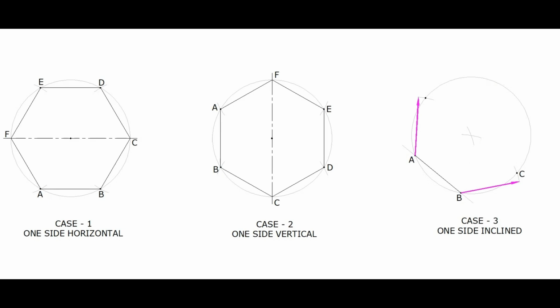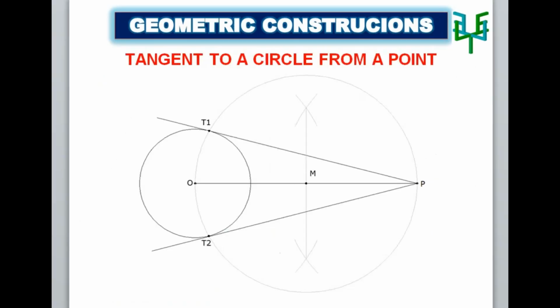Again from these intersection points, cut further arcs on the circle. Join all these points on the circle with straight lines. This is our hexagon with two sides certain degrees inclined.